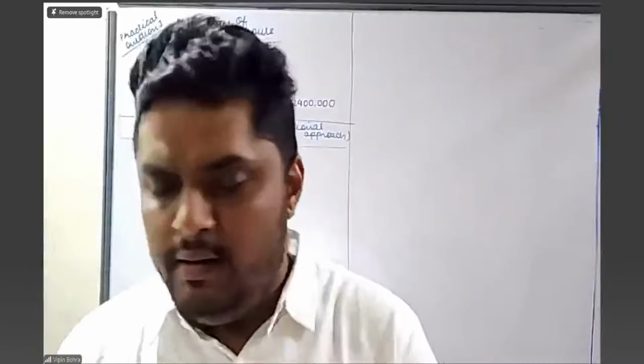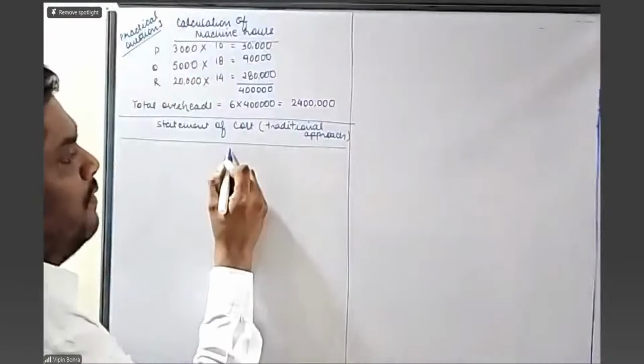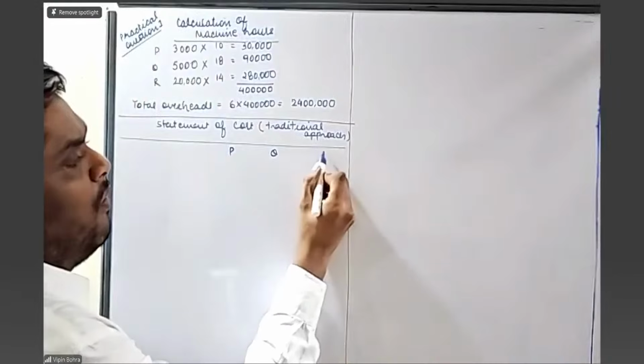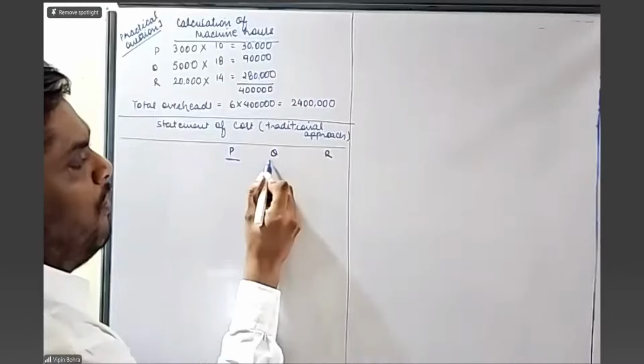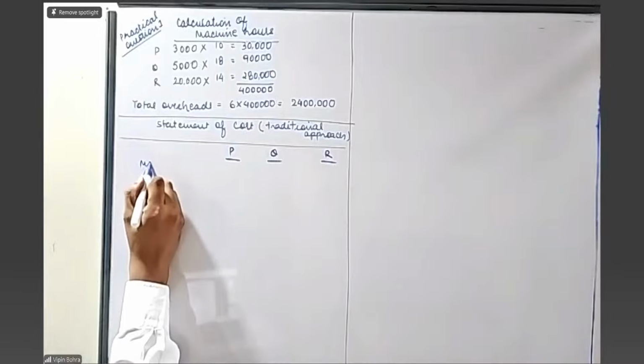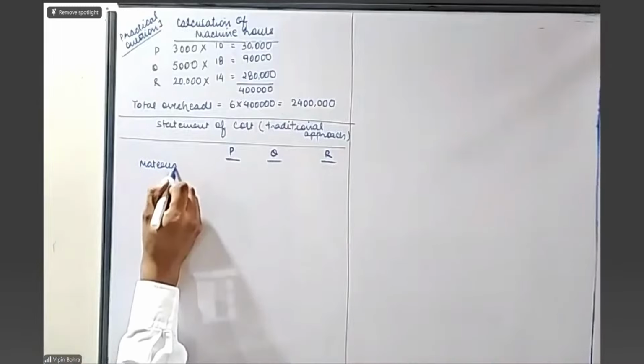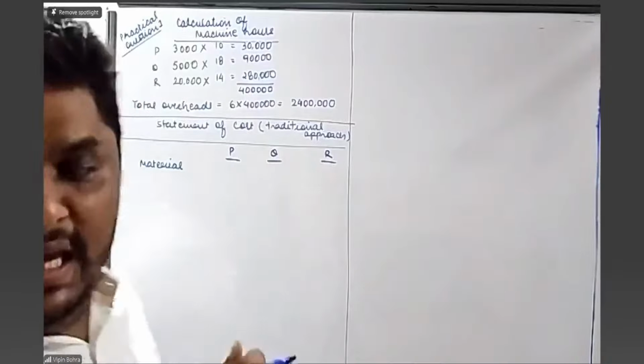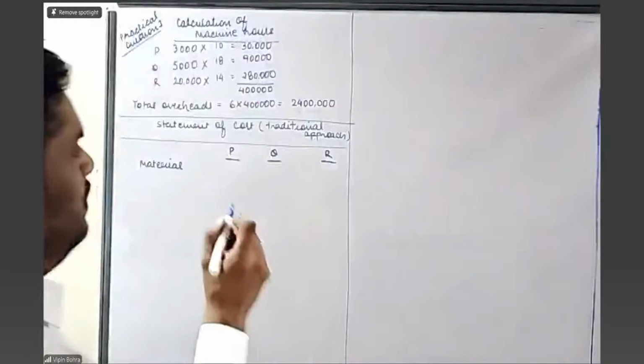Herein three products are manufactured, P, Q, and R. When talking about the material cost, it is given per unit, that is 90, 80, and 120.